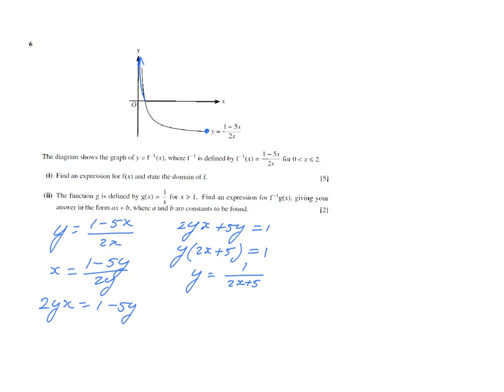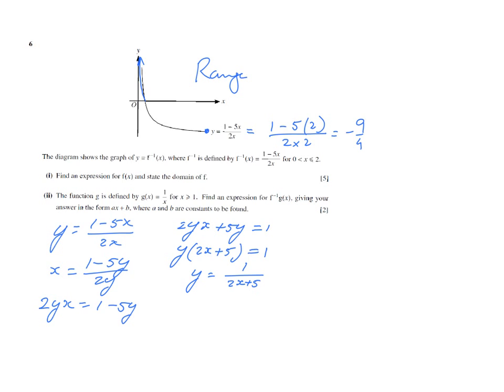Please note, by the way, that the domain for the inverse is between 0 and 2. So what is the y value there when x is 2? Let's just find that out. It's going to be 1 minus 5 times 2 over 2 times 2, which is negative 9 over 4. So what is the range of my inverse?